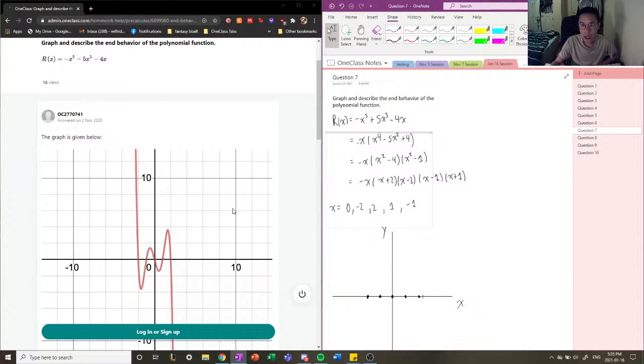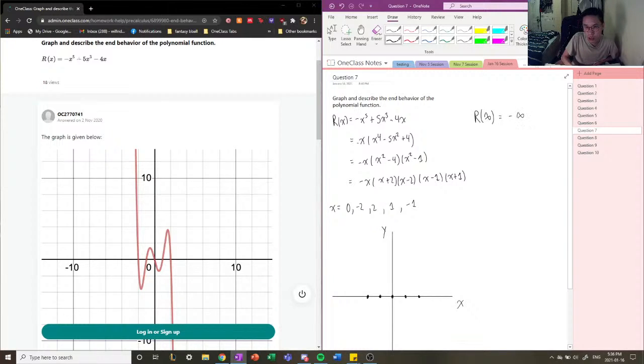When you're plugging in infinity, all you really need to do is examine the leading term, because the leading term is what's going to define the behavior of your function. So let's say, r of infinity. You can plug in a huge number if you want to actually compute what the value is going to be, but I'm just going to say infinity for now.